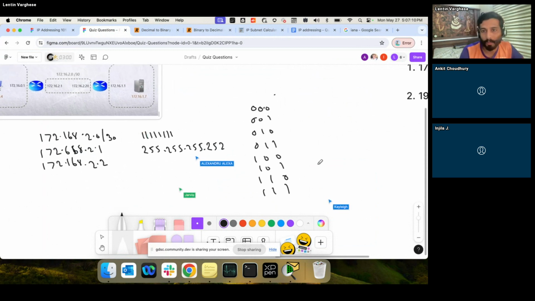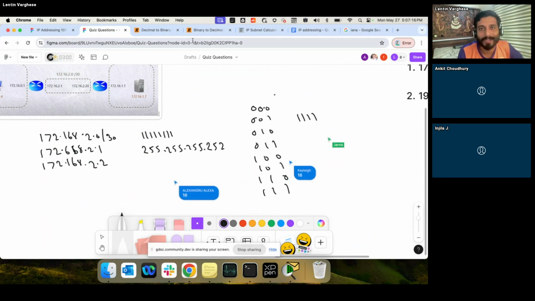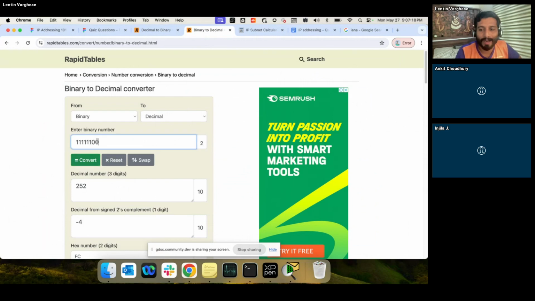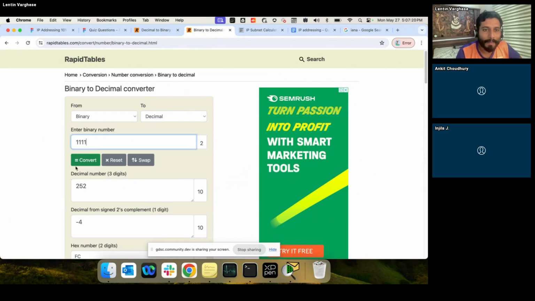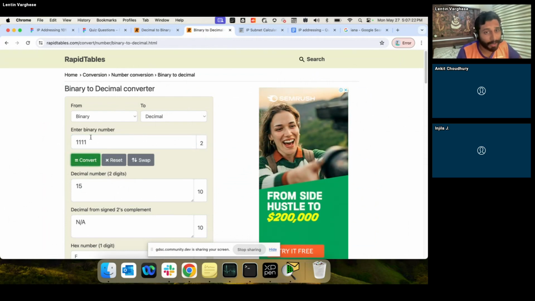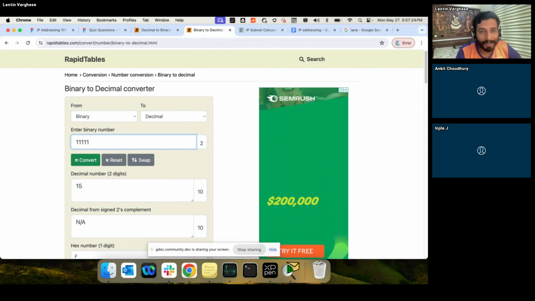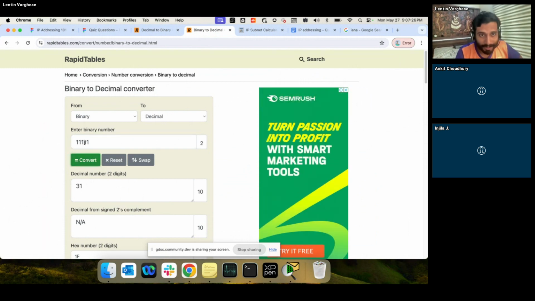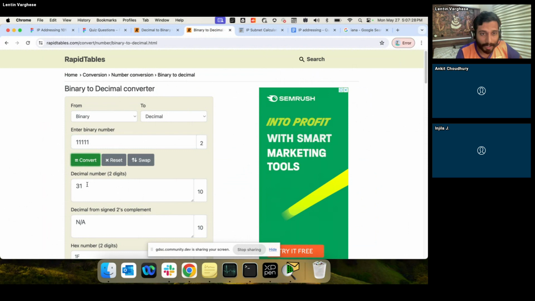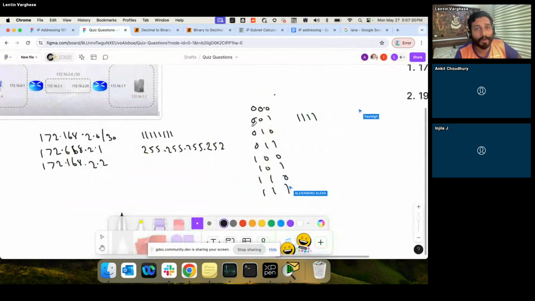So how about 4 bits? What is the highest number you can come up with? 15, still not enough. 31. With 5 bits, we were able to get 31 hosts. Out of that, 2 were spent for network and broadcast, so 29 IP addresses are available.